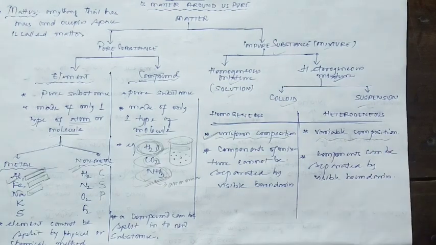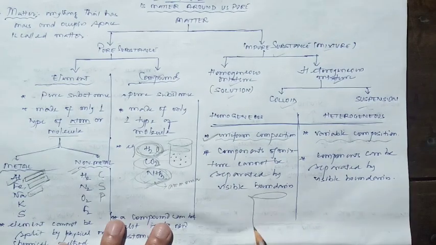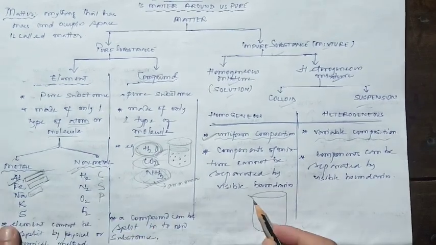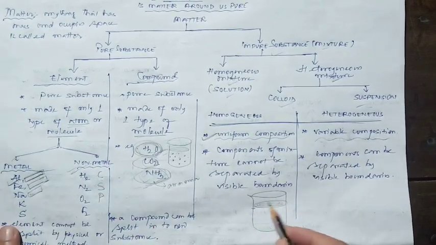Now when I say uniform composition, what does it mean? Variable composition, what does it mean? Now think of a sugar water mixture. Say suppose we have a glass containing sugar water mixture.